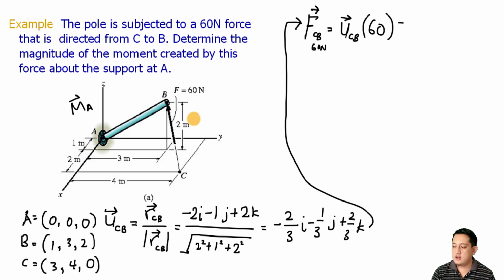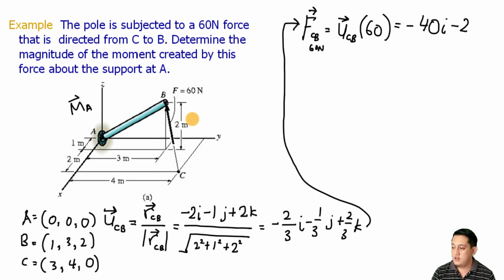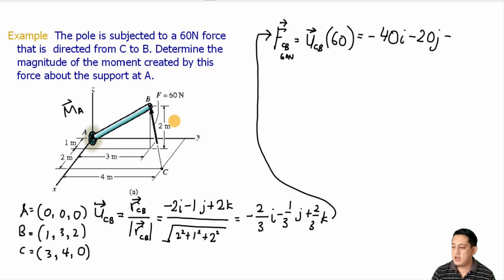So we get the answer negative 40i minus 20j plus 40k Newton. So now we've changed the force into Cartesian vector form.